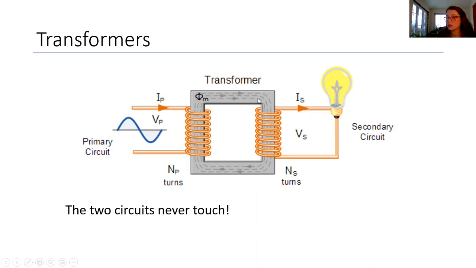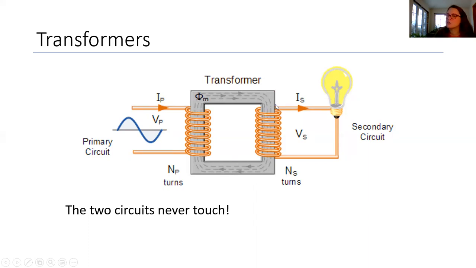So we're not transferring electricity to the core. All we're doing is putting a piece of metal inside, and you know how metal is magnetic, right? Putting the metal in makes the magnet stronger, because it makes the magnetic field stronger and concentrates it.